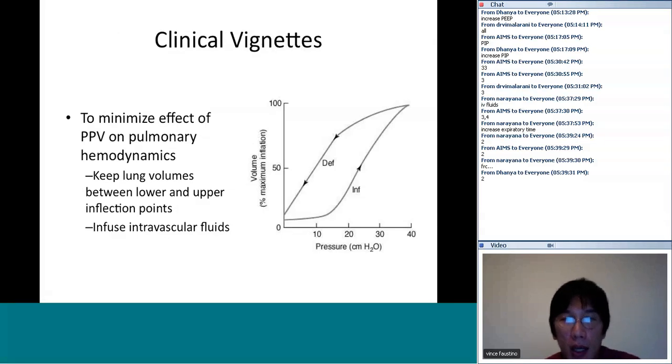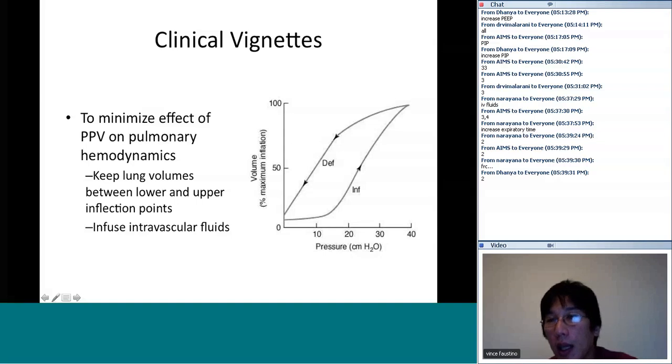So a vignette. One of the ways to minimize your PVR is when we're looking at the pressure volume curves. The volume is on the y-axis, pressure is on the x-axis. We want to ventilate these patients within this area. So we avoid atelectasis, which is at this point, and then we avoid hyperinflation at this point. And as I've shown earlier, your FRC is probably going to be somewhere in this area.